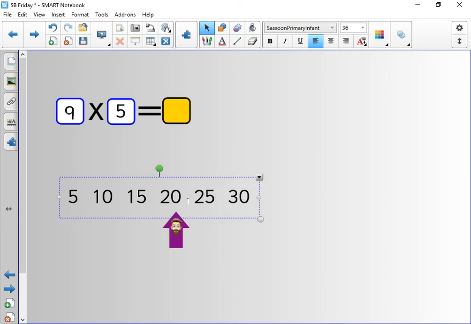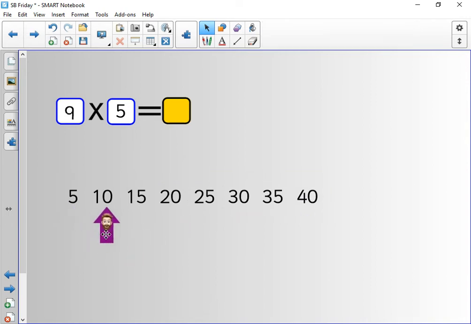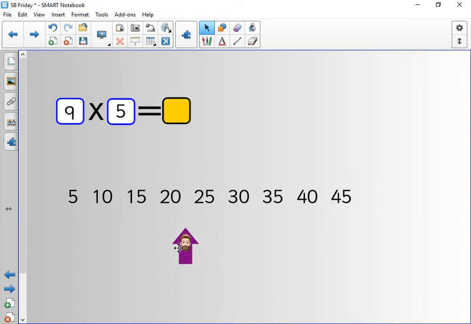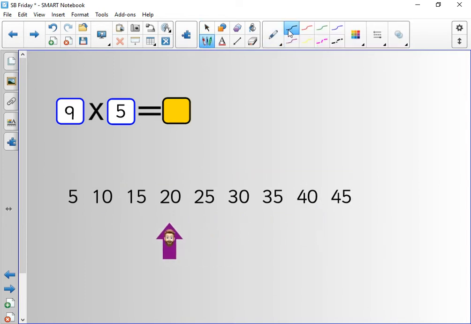25, 30, 35, 40. Have I got 9 5s? 1, 2, 3, 4, 5, 6, 7, 8. Oh, one more. 45. Let's just count and dot to check we've got 9 5s. 1, 2, 3, 4, 5, 6, 7, 8, 9.